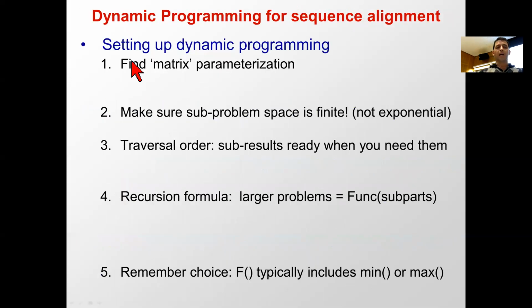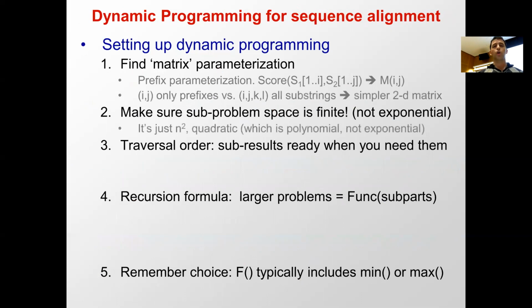So looking back through the 5 bullet points of dynamic programming, the matrix parameterization was basically choosing the score of the prefixes. So it was this IJ parameterization that was basically telling me the length of characters that I include from one sequence and the length of characters of the other sequence. So I could have instead used all substrings.